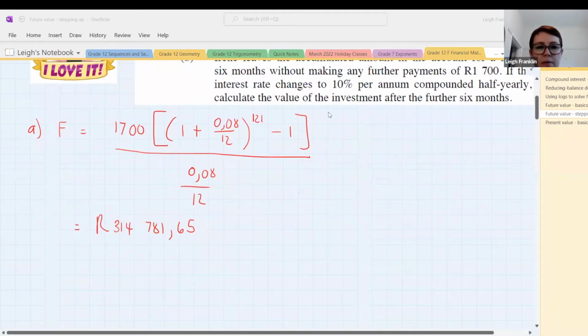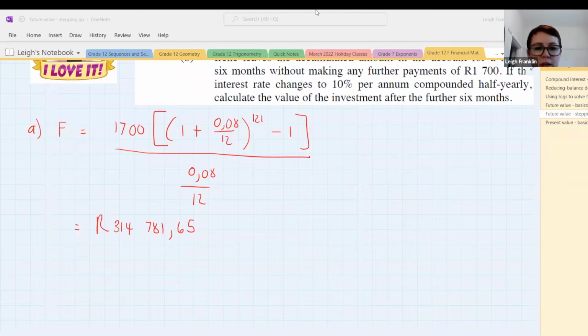What can we not do? Yes, we have to stop using the future value formula. That's quite right. No payments, no regular installments, no future value. So now we've got to use compound interest.